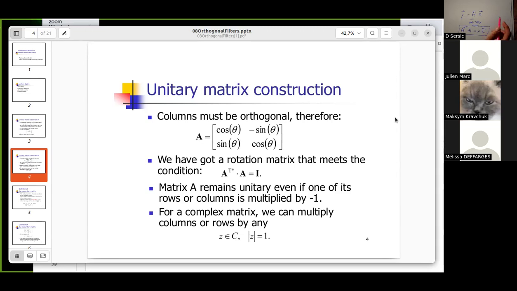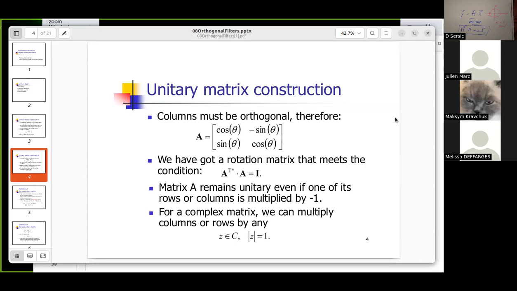Maybe we can just notice that in the complex plane, -1 is right here, but you can multiply such a matrix with any complex number on the unit circle, so all complex numbers of modulus 1, and it will still remain unitary. That fact we are going to use for our filter bank.